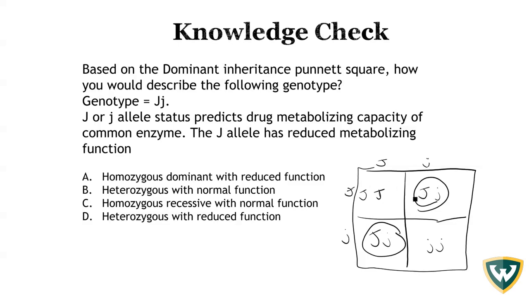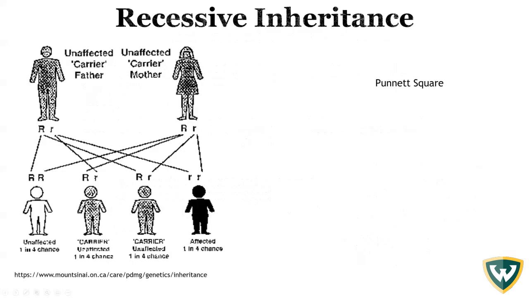One, they're heterozygous. These two are heterozygous. This one's homozygous, and this one's homozygous as well. And because they're carriers of the J allele that has reduced metabolizing function in a dominant model, we know that it's heterozygous with a reduced function. Heterozygous with normal function is not correct because this again is a dominant model as opposed to a recessive inheritance model, which we'll talk about right now.